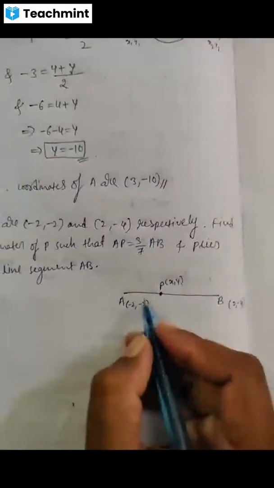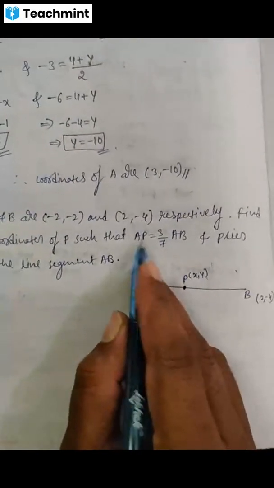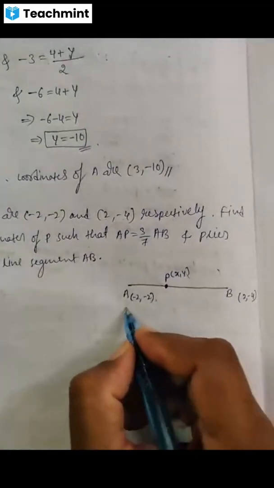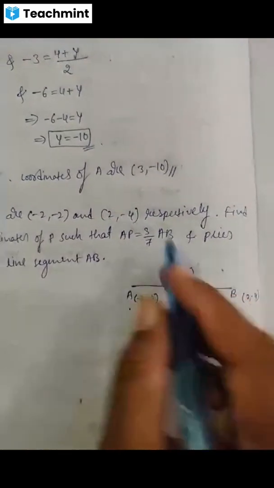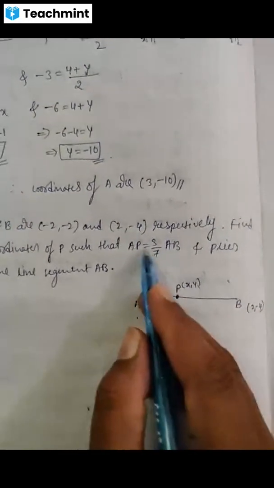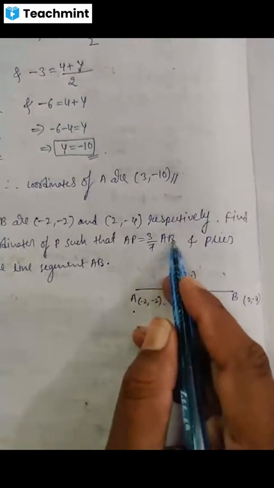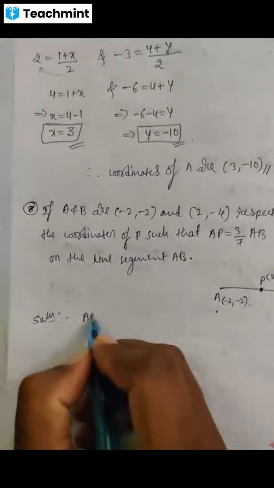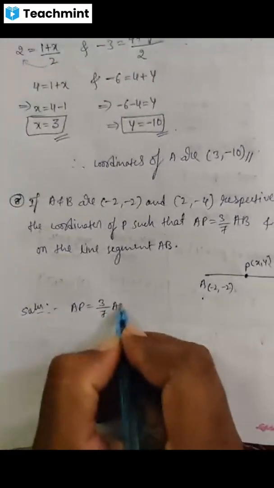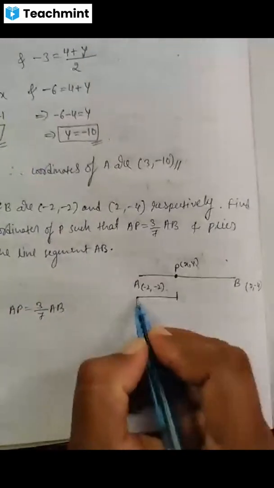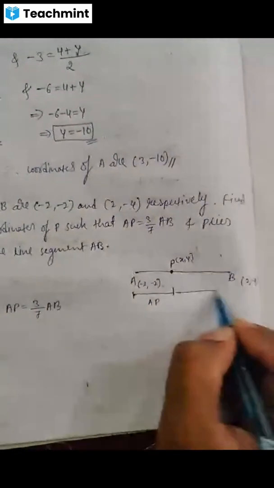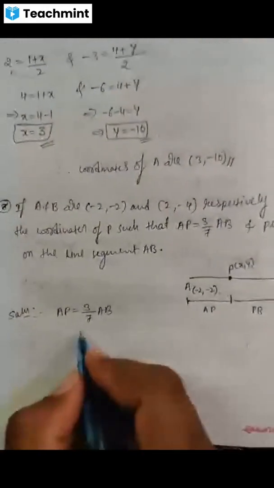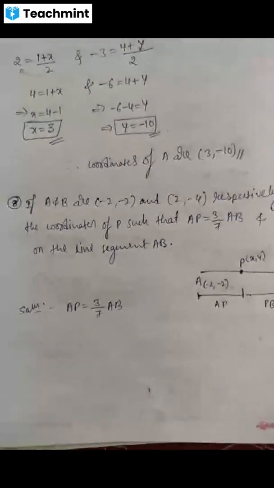Then they have given the relation: AP is equal to 3/7 of AB. So solution, first let us take AP is equal to 3/7 of AB. Here to here it is AP. Okay, here to here it is PB. Right?